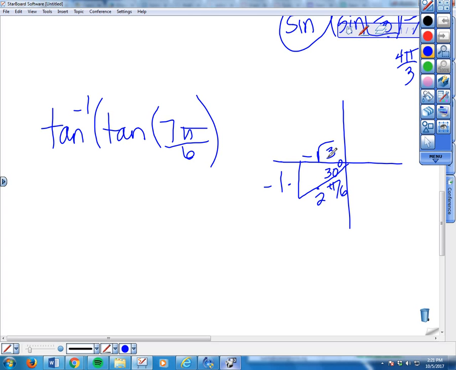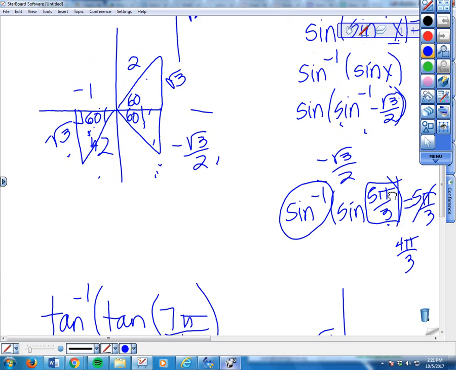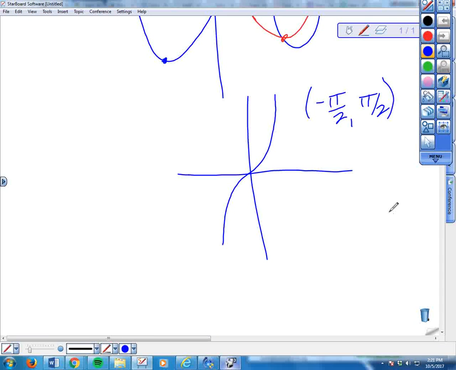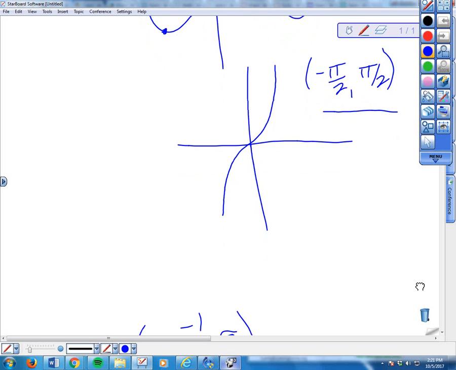Okay, so the problem is, where is tangent restricted to for the inverse? What's the restriction for tangent? Okay, so what quadrant are these two angles?